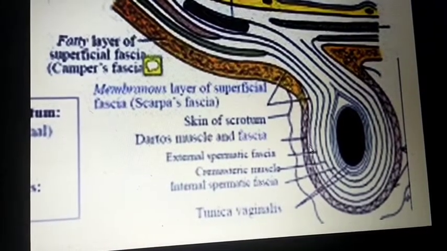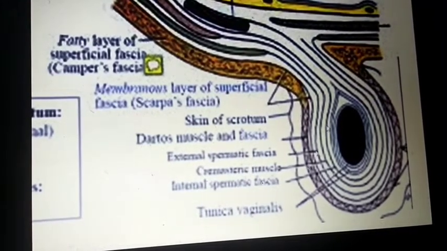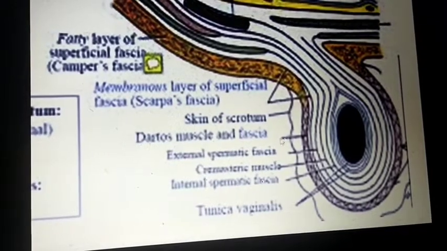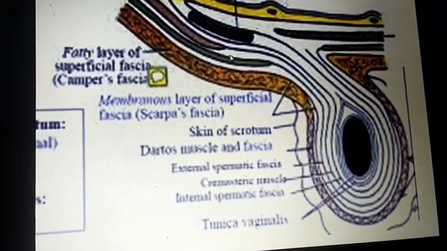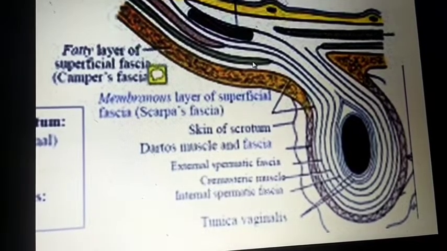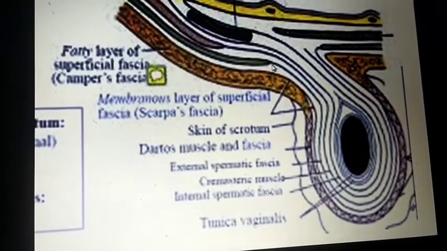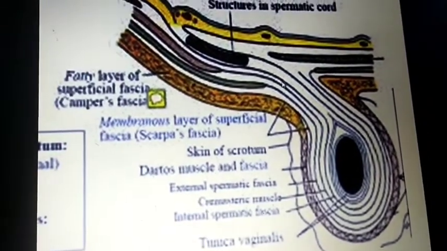Dartos fascia. Camper and Scarpa only, that forms the what? Muscle and fascia. And this is what? Our external oblique muscle. This forms the external spermatic fascia, cremaster muscle, internal spermatic fascia.